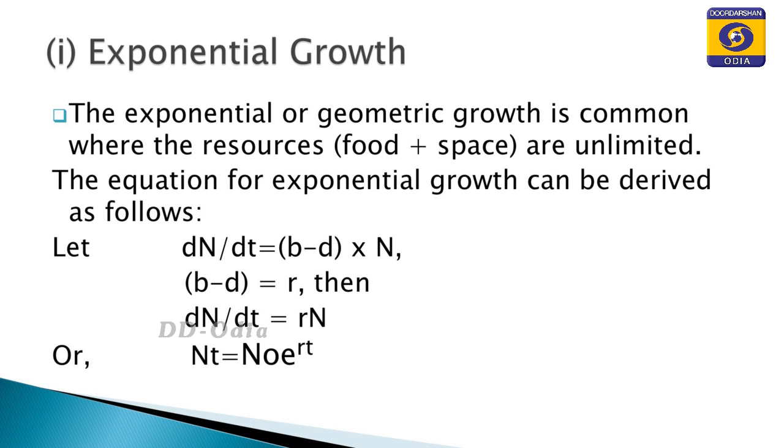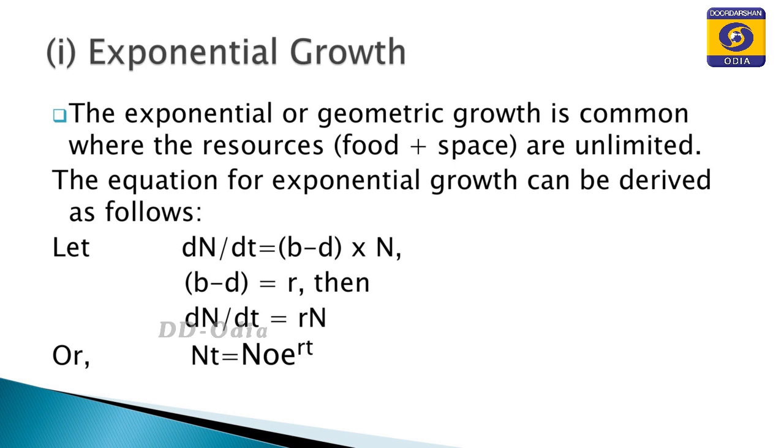They will grow in a way that there is no restriction, carrying capacity will not come in the way. Gradually the population will grow from a minimum population and grow and grow and grow, and that will show like a J.